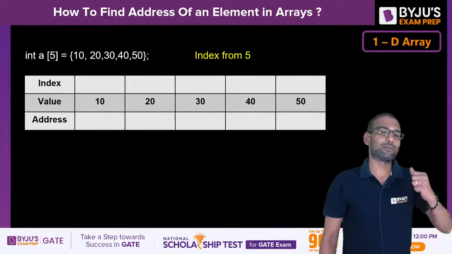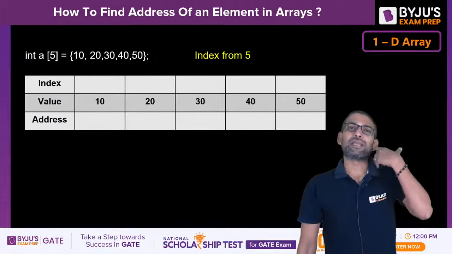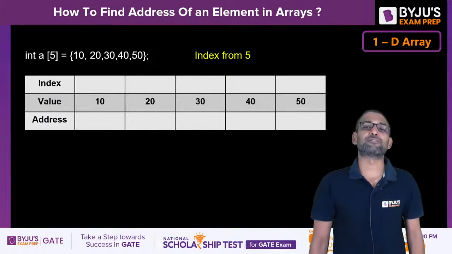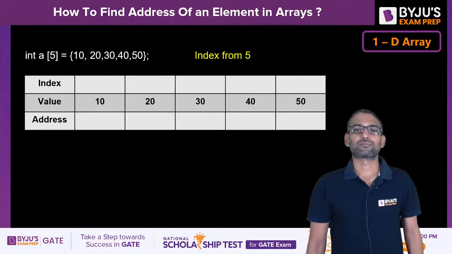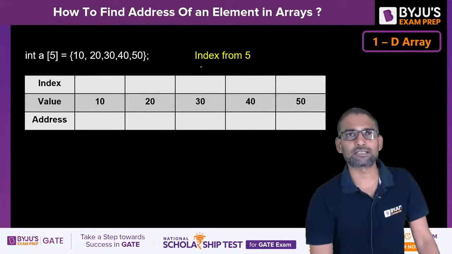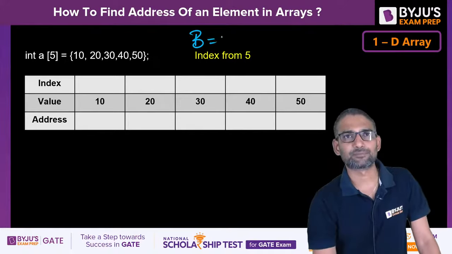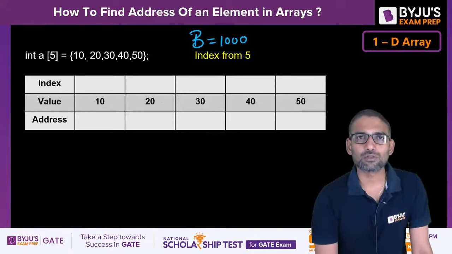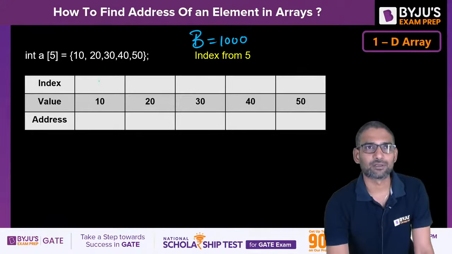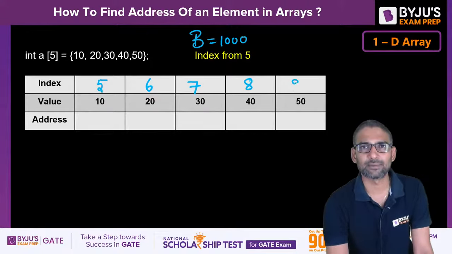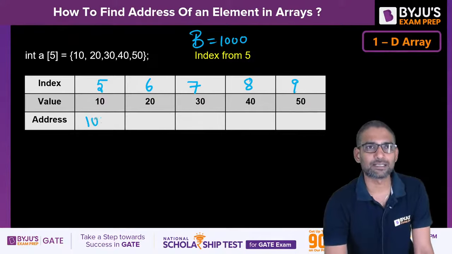Just for the problem's sake, you may be given that the index is starting from 5. Base address is, let's say, 1000 itself. So start the index from 5. First element index 5, second element index 6, next 7, 8, 9. And base address I am taking as the same 1000. So now 1004, 8, 12, 16.